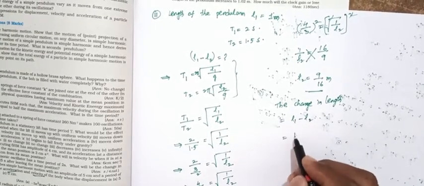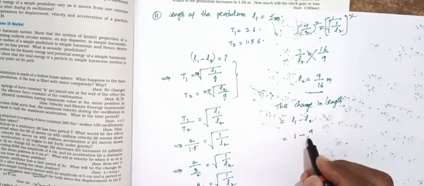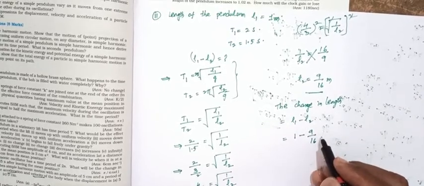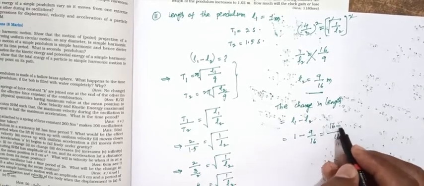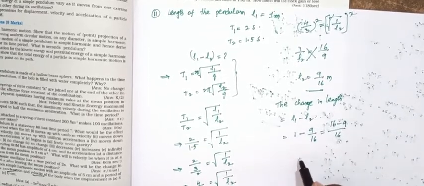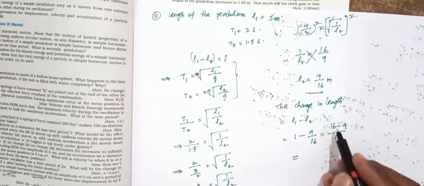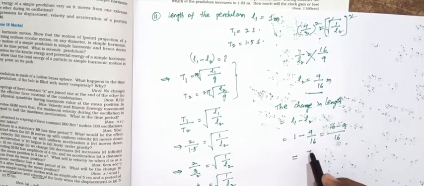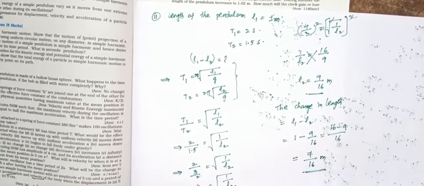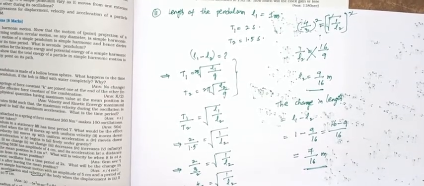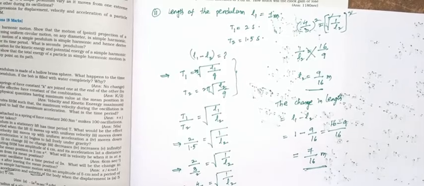So what is L1? 1 minus 9 by 16. What is the LCM? 16. So 16 minus 9 equals 7. So the change in the length is 7 by 16 meters. So this is the 11th problem, 7 by 16.